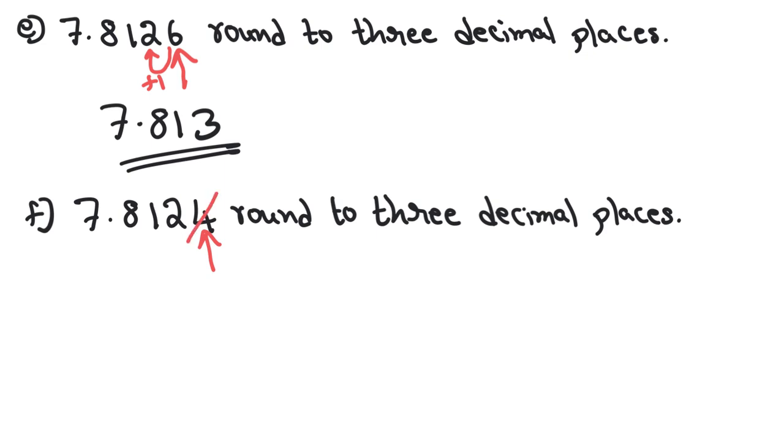So we will simply discard it, and our new number is 7.812. If you want, you can put a 0 there. So 7.8124 rounded to 3 decimal places is 7.8120. Get the idea of how you round to decimal places? Let's move on.